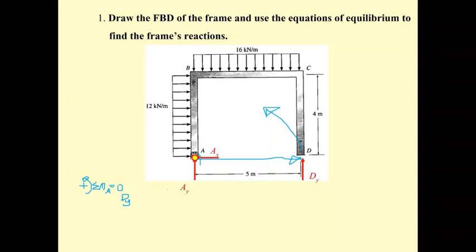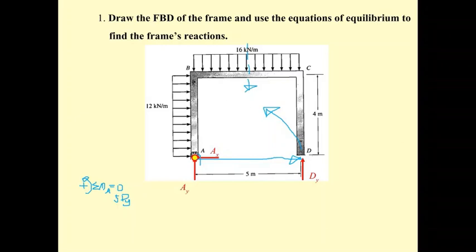That is going to be 5. So over here we have 5 D sub y, and then the uniformly distributed load here is going to have its resultant in this direction.